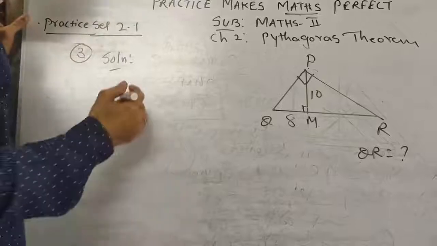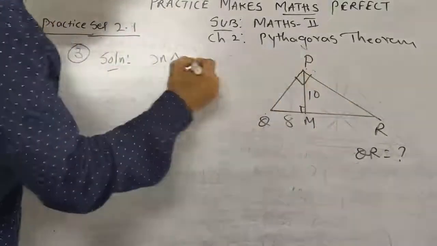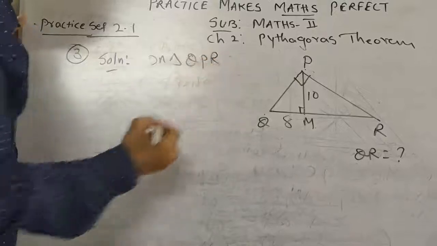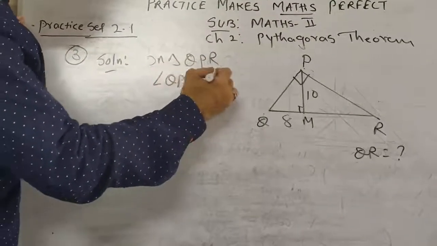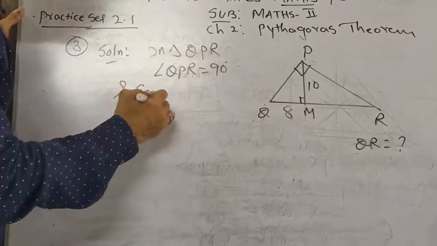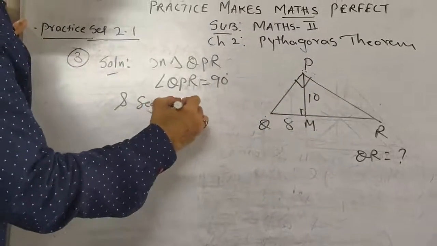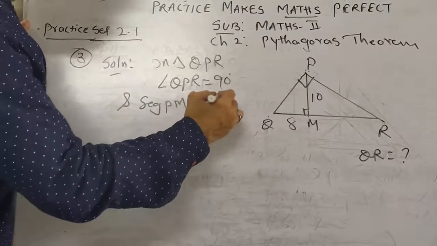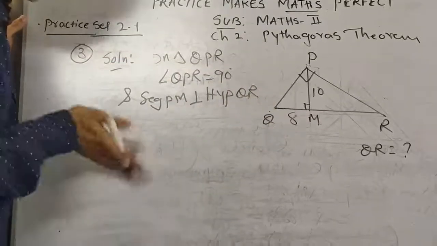Okay. So first of all, we will write, in triangle QPR, angle QPR is equal to 90 degree, and seg PM is perpendicular to hypotenuse QR. This is given in the question, but still you have to write.